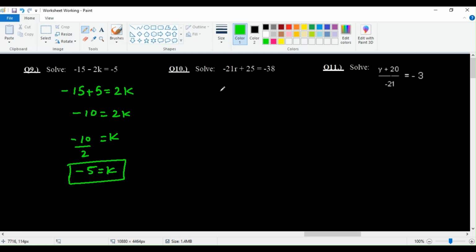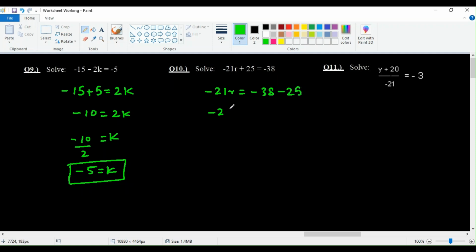Now comes question number 10. In here we are finding out the value of r. That means minus 21r, I'll keep it here itself, and minus 38 will stay there itself, and plus 25 will go from the left hand side to the right hand side and change the sign.